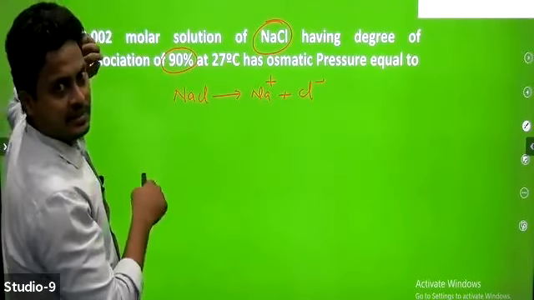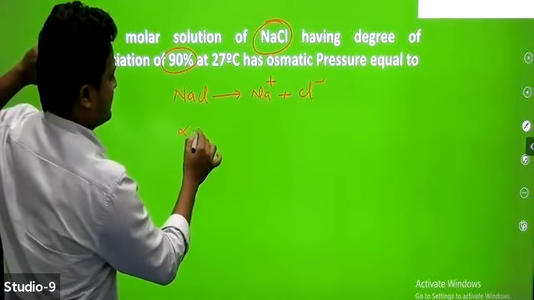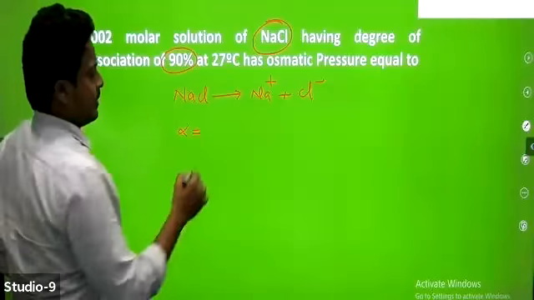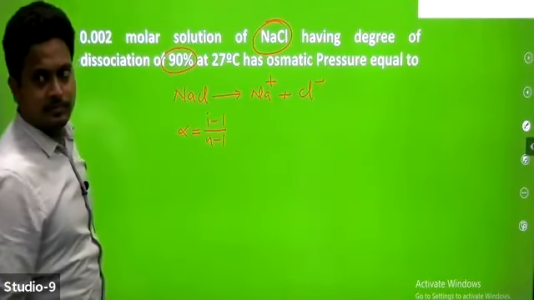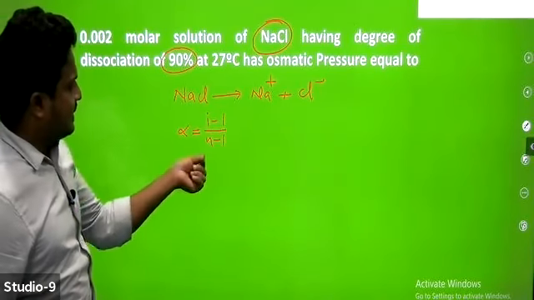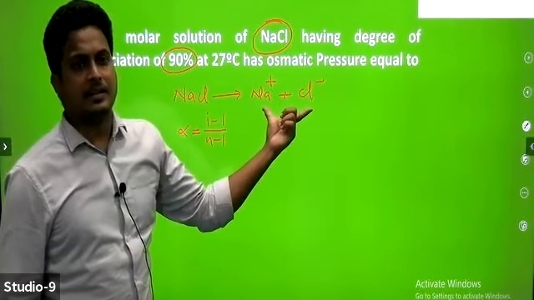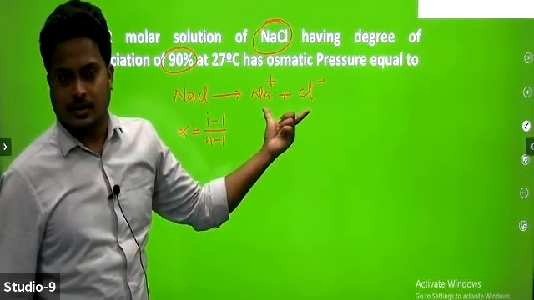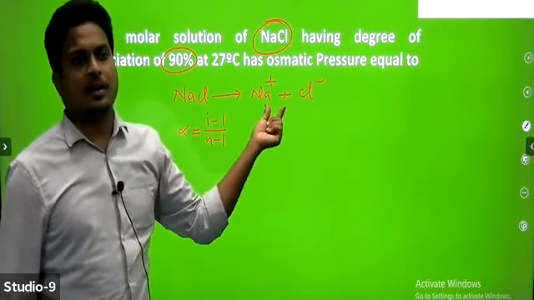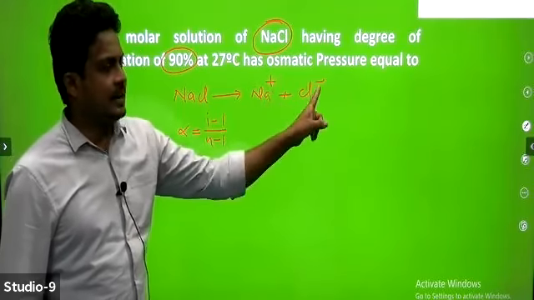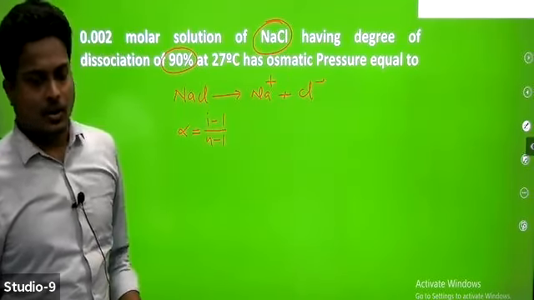Yesterday we discussed the formula for degree of dissociation: alpha equals (i minus 1) by (n minus 1), where small n is the number of ions formed after dissociation, one cation and one anion.